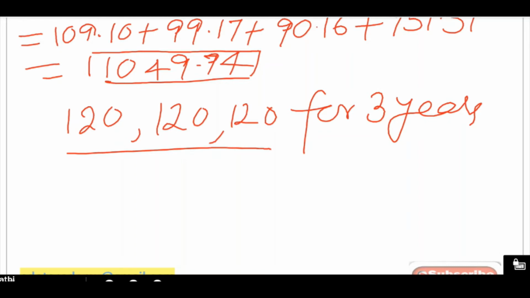Now I am going to use a different formula to get the value of the bond. This formula is very helpful when the number of years is more, because finding each and every value becomes very difficult.